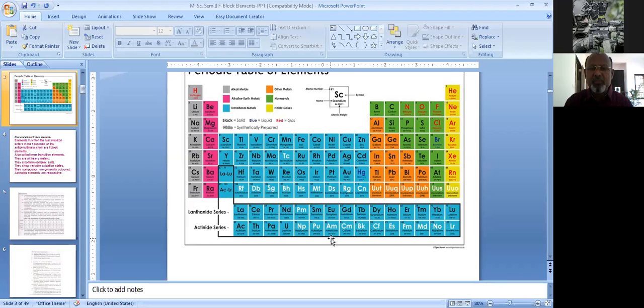So from neptunium to lawrencium, that is from atomic number 93 to 103, all these elements were given the names of the planets, the names of certain areas where these elements were synthesized, and the names of certain scientists.